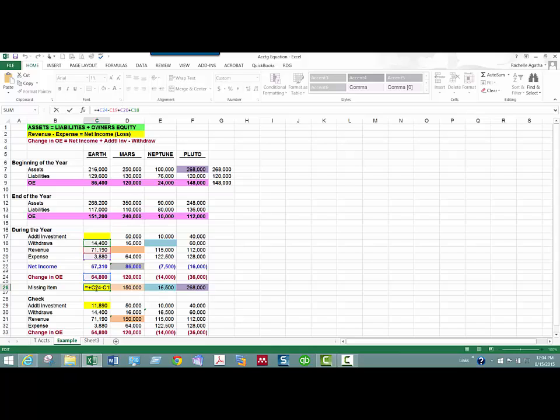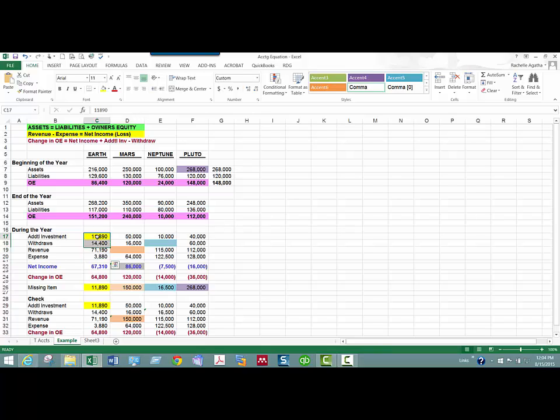And by placing this in Excel, I can then validate this number. So if I put the 11,890 in that cell, and I can take my total here, notice I have to have my signs here.